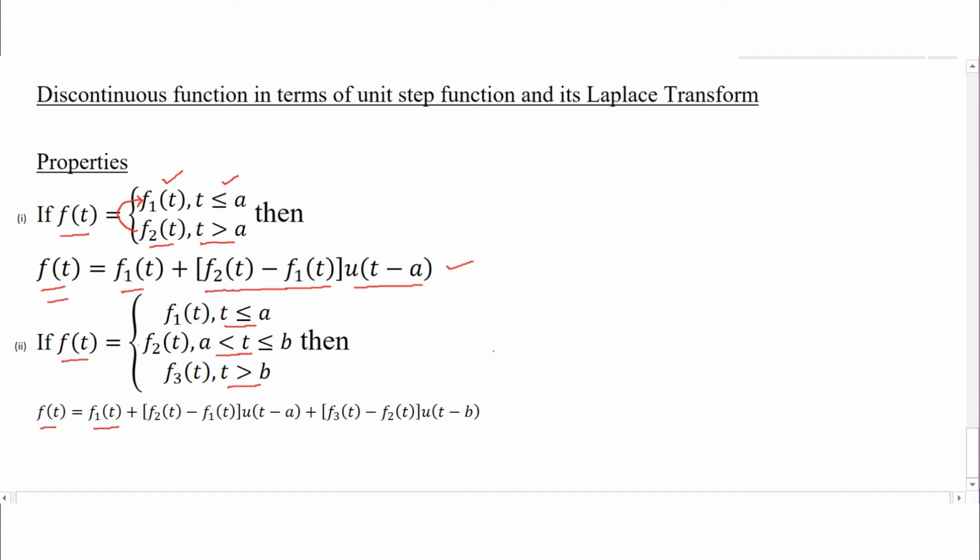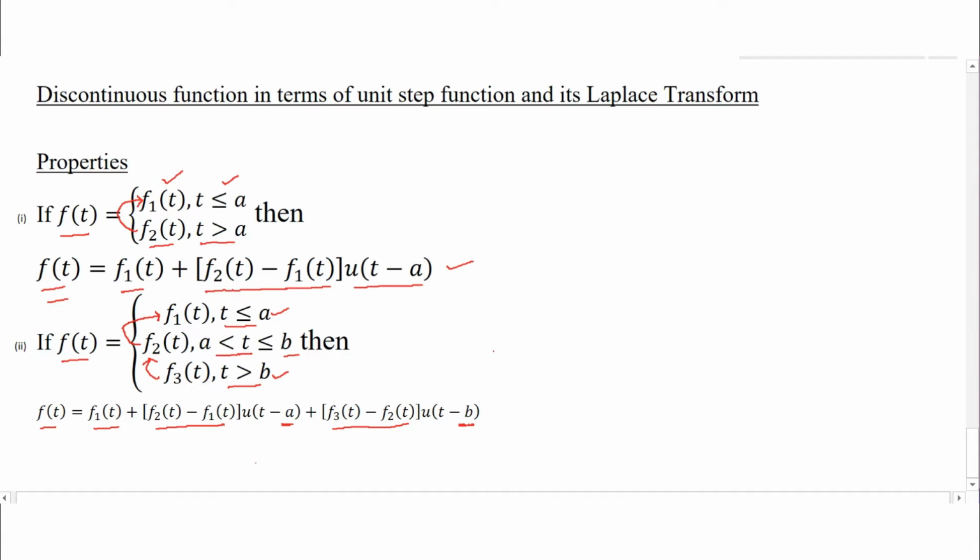Then you take the second function minus the first function, f2 of t minus f1 of t, into u of t minus a. The next term will be the third function minus the second function, f3 of t minus f2 of t, into u of t minus b. So these are the two properties that we have.